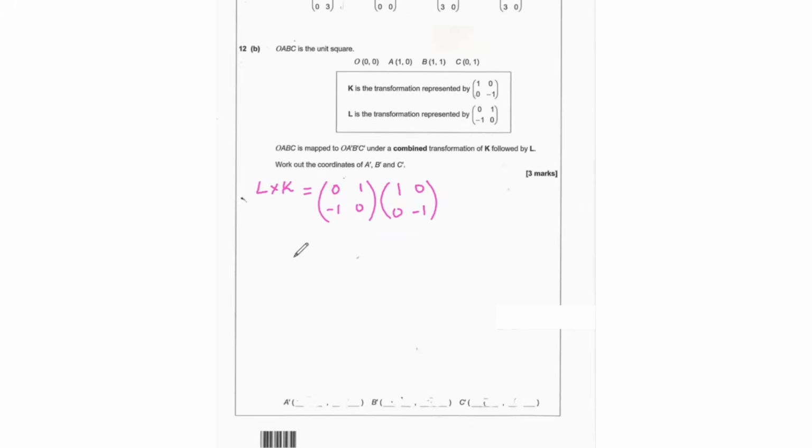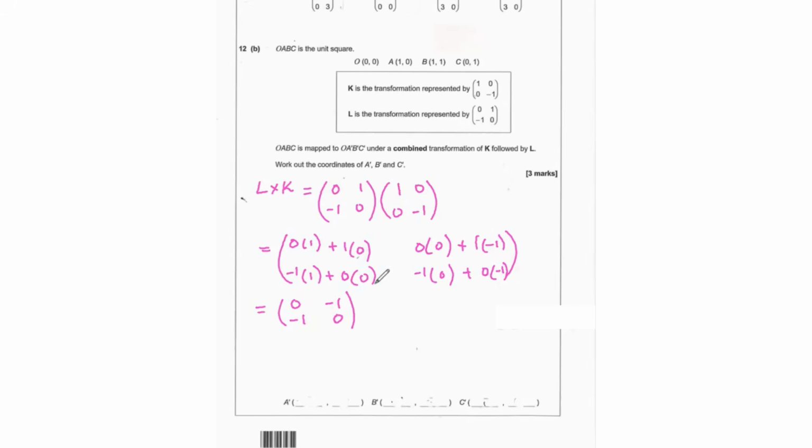So first is going to be 0 times 1 plus 1 times 0, then 0 times 0 plus 1 times negative 1. Then negative 1 times 1 plus 0 times 0, and then negative 1 times 0 plus 0 times negative 1. That's going to give us 0, negative 1, and then negative 1, and then 0.